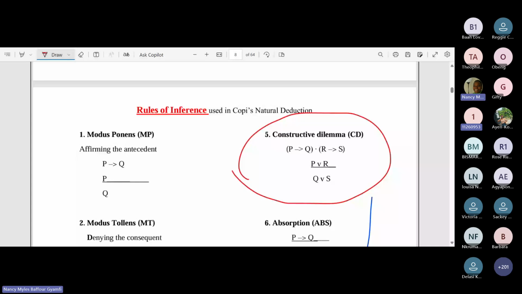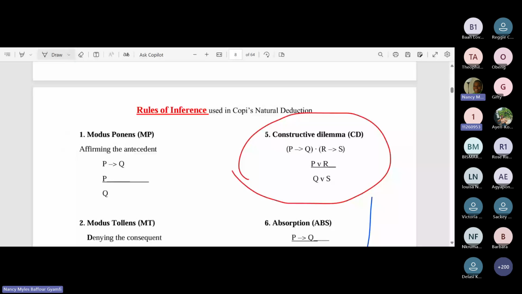Conditionals at both sides, joined together with a conjunction. Then your next premise establishes the antecedents, which can lead to the consequents, or the other way around. It looks very complex. It is not. It can save you a lot of stress when you are working, if you know that rule. Modus ponens and tollens, I think, is straightforward.